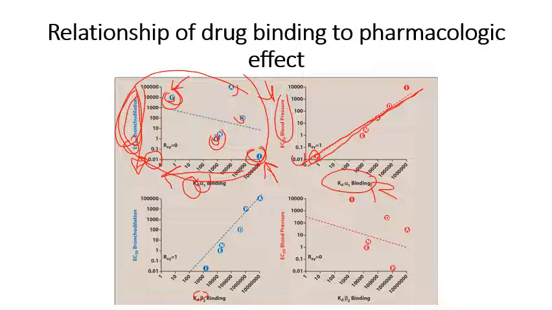And in the other case, if we correlate the affinity of these drugs with binding to beta-2 receptors and the physiological response, which is bronchodilation, we can also see that there is a direct correlation between the affinity of a drug and the physiological response produced.